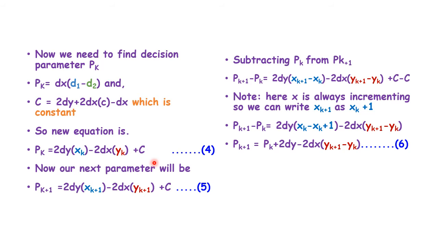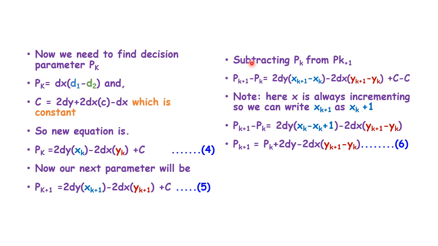Now after this again we need next decision parameter value for next y value. So we have to add 1 to x and y term, so it becomes pk plus 1 is equal to 2 dy in bracket xk plus 1 minus 2 dx yk plus 1 plus c, and call this equation as a fifth equation.